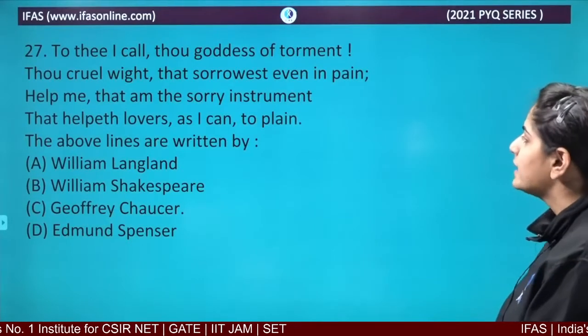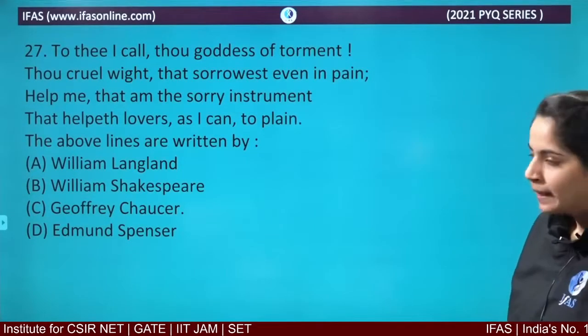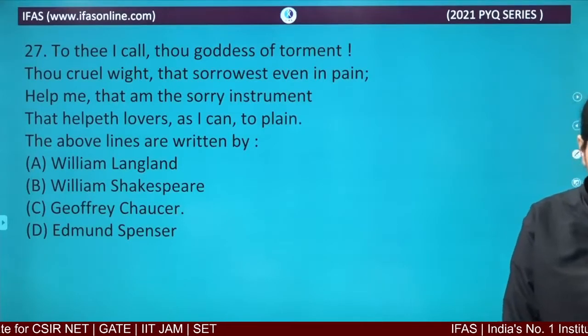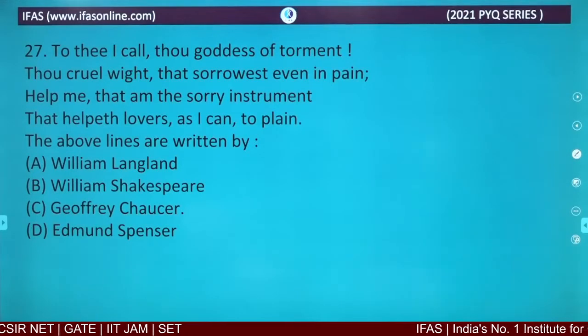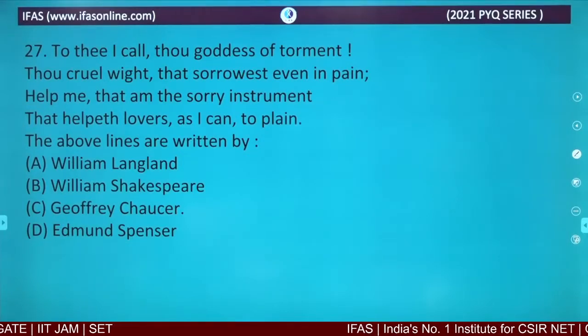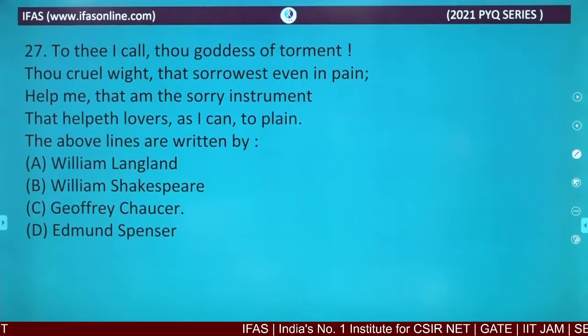The above lines are written by whom? Who is the writer of these lines, and where are these lines taken from? I'll give you 2 minutes to give me the answer.